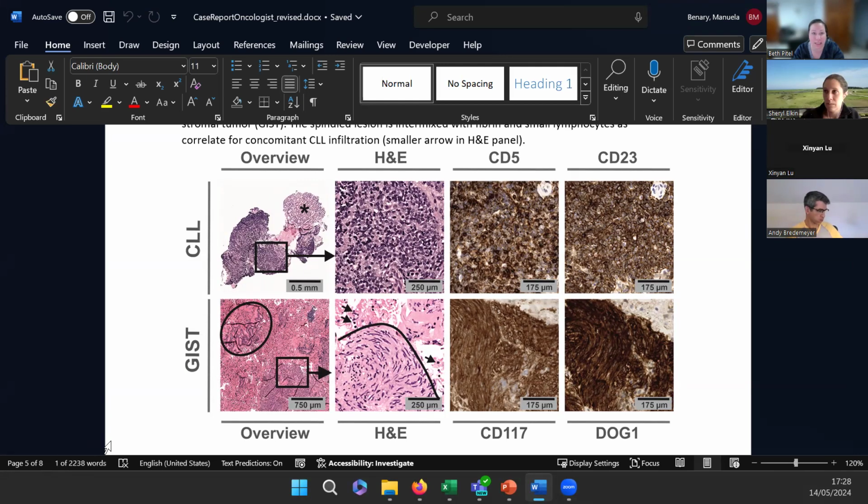Like, is it localized just to those infiltrating leukocytes, or is it also within the GIST, within the gastric epithelial cells or stromal cells? Wow, cool case. I didn't look at these slides at all.